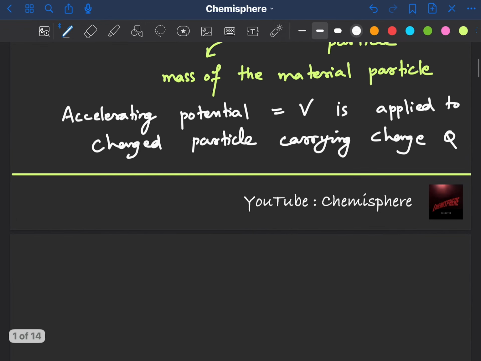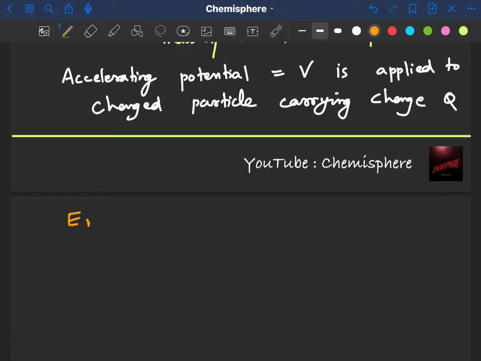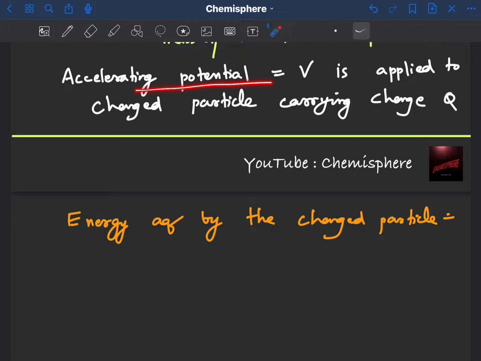So obviously since they are accelerated by potential V and they carry charge q, the energy acquired by the charged particle when it is accelerated through potential V and carrying charge Q will be the product of charge and the potential applied, right?